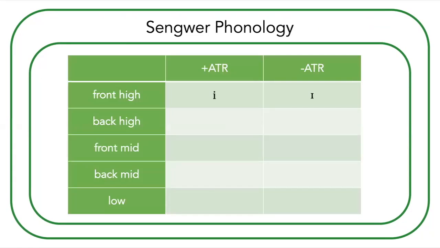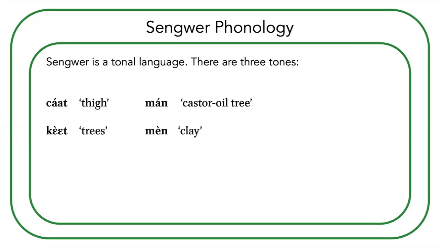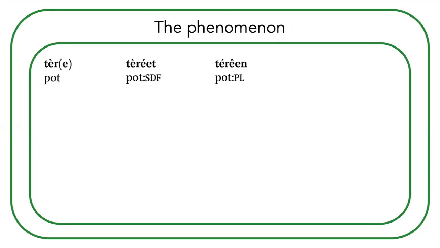So the first question was on tone. I deleted a slide on tone because I thought it was just too much to cover. But yes, you do find contrast in tone in the ghost segments. For example, here we have the word ter for pot, and then we have a singular definite with a high tone. The suffix it has a high tone.